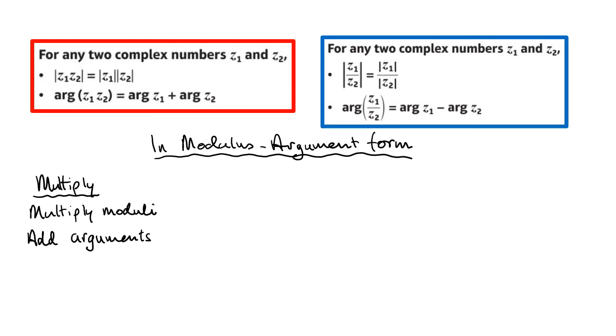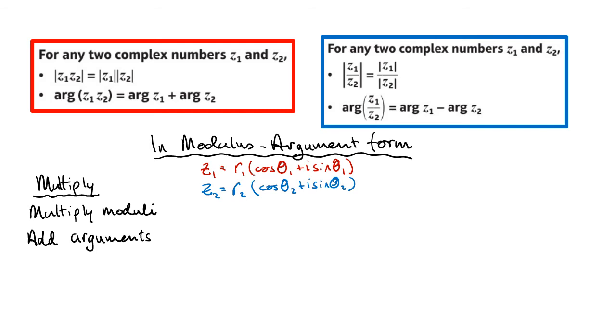So let's say I've got one complex number, z1, and that's r1 cos theta 1 plus i sine theta 1. And then I've got another complex number, z2, which is r2, so it's got its own modulus and a different argument, cos theta 2 plus i sine theta 2. So two complex numbers. Let's say I want to multiply them.